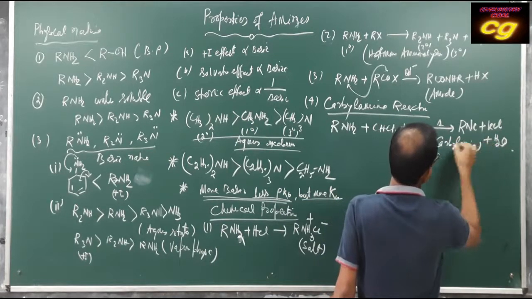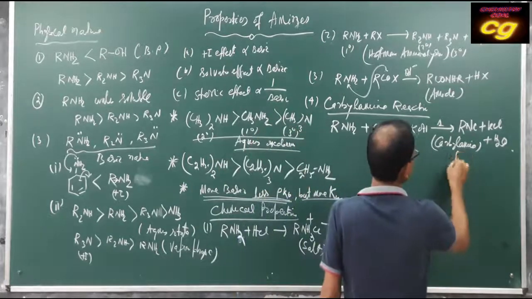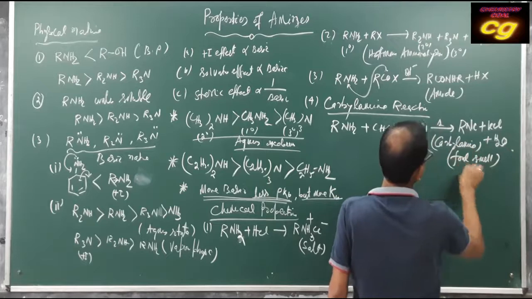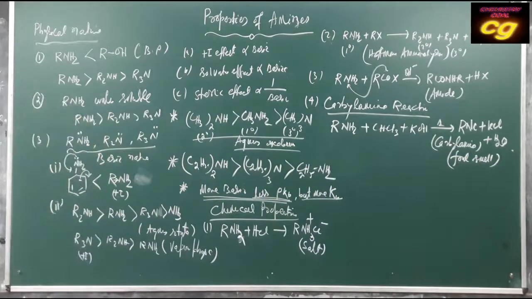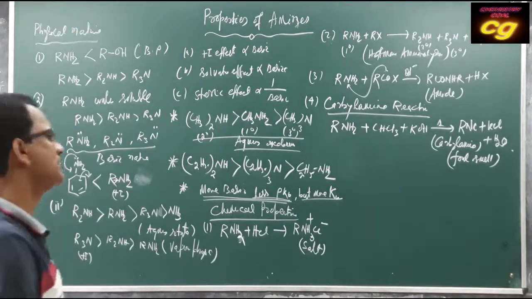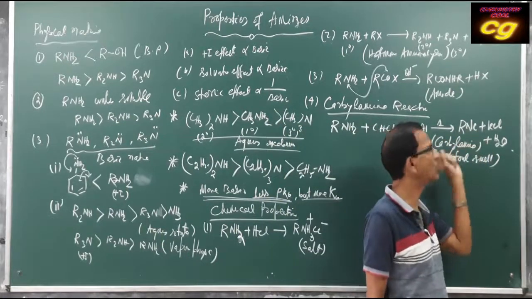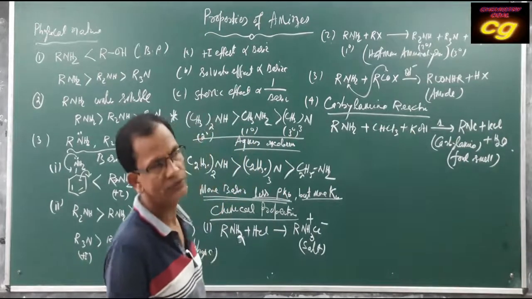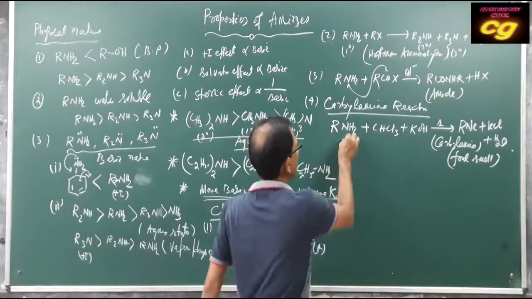Formation of carbylamine, we observe a foul smell. This foul smell observation indicates formation of isocyanide. RNC is called isocyanide, it is also called carbylamine. This is a very important test of amines, only primary amine.